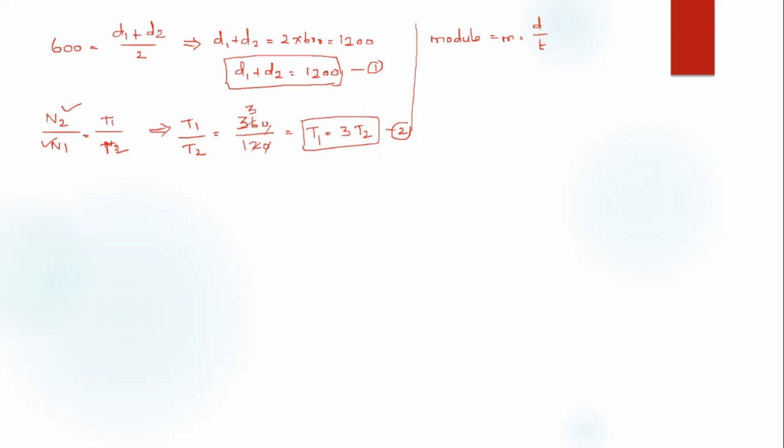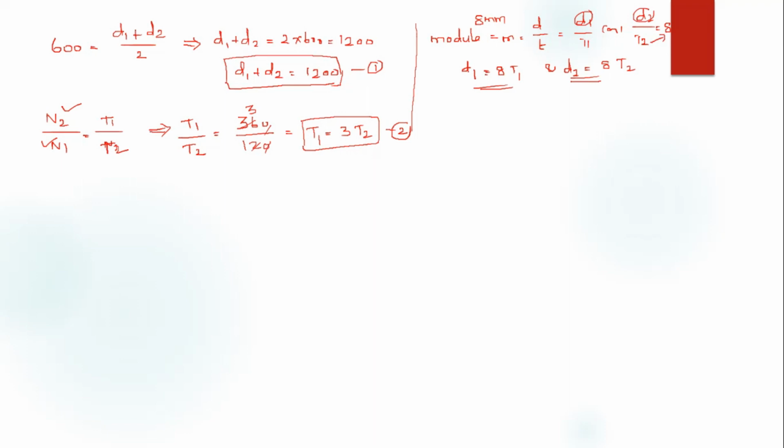So now d1 equals 8 into t1 and d2 equals 8 into t2. Substitute this: d1 divided by t1 or d2 divided by t2 equals 8. So d2 equals 8 into t2, d1 equals 8 into t1. This is the final formula.